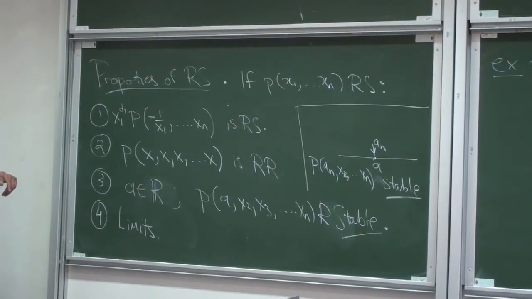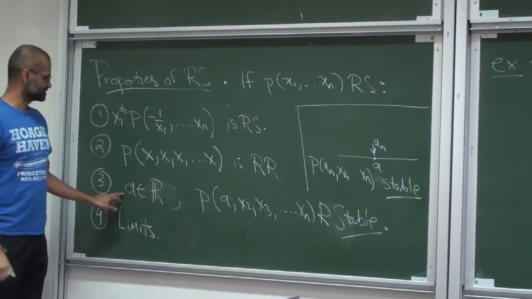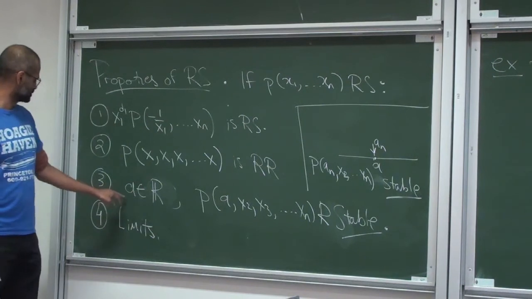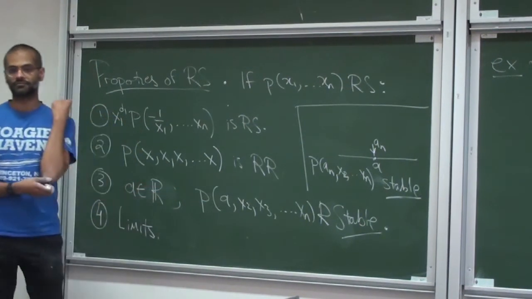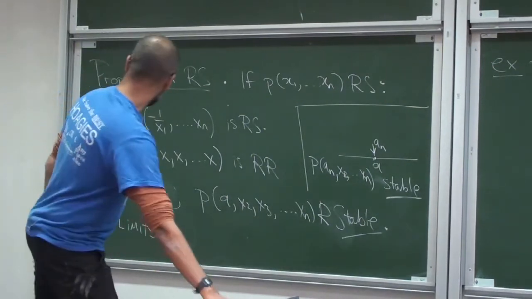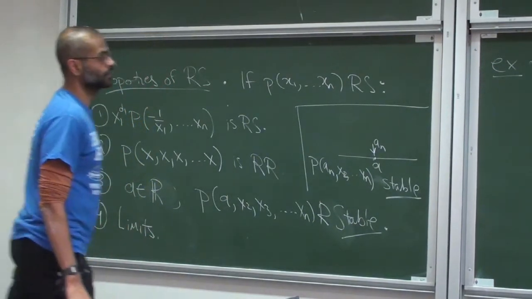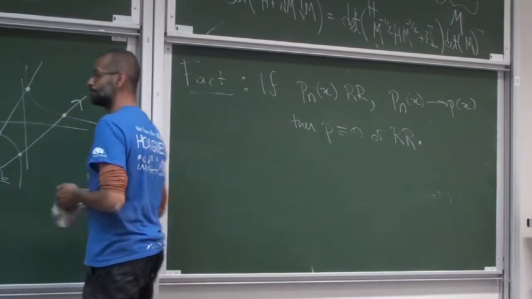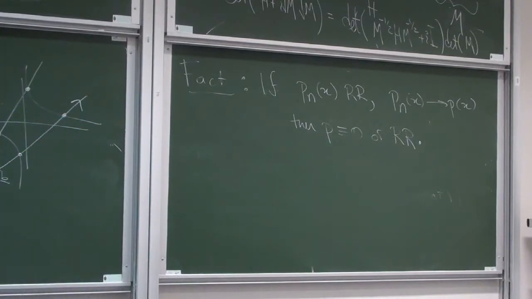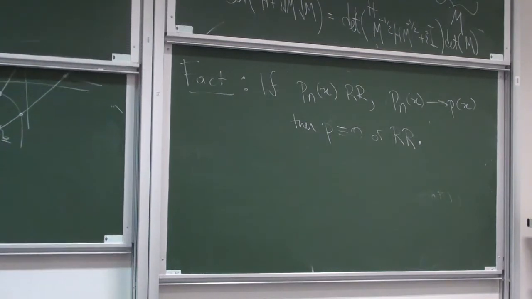One of the reasons I needed to add 0. And so this limit allows me to prove that if I plug in a real number, I get another real stable polynomial. Okay, closed under taking limits. Let's write some more properties here.